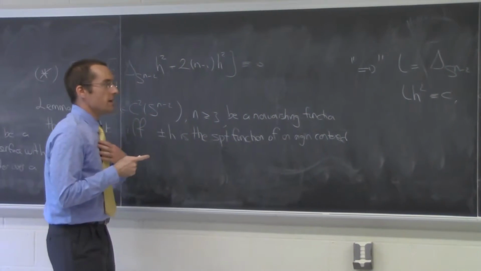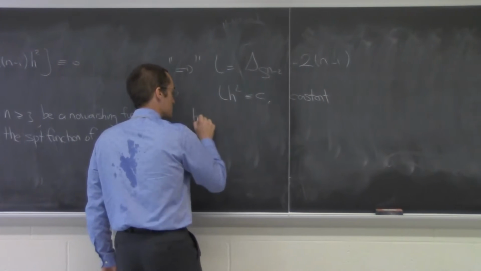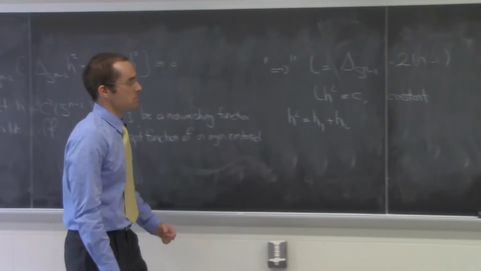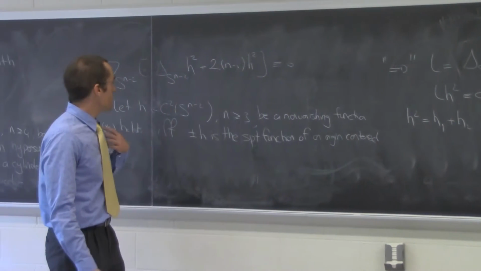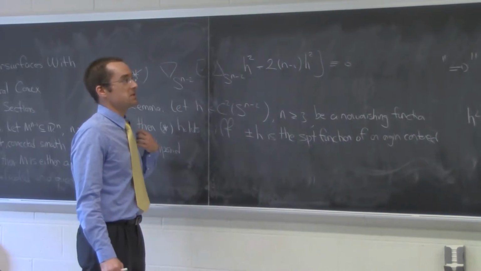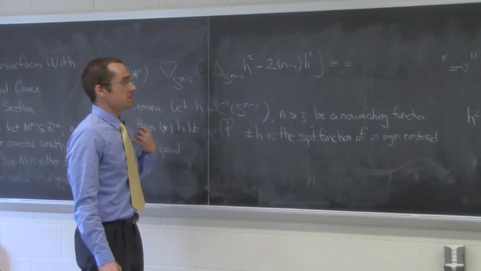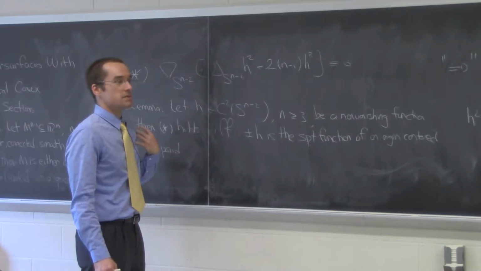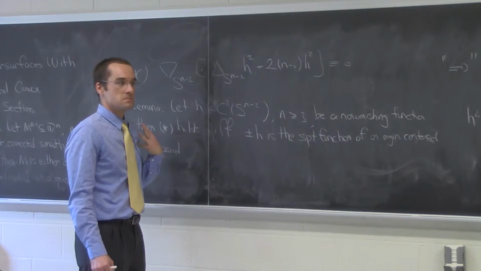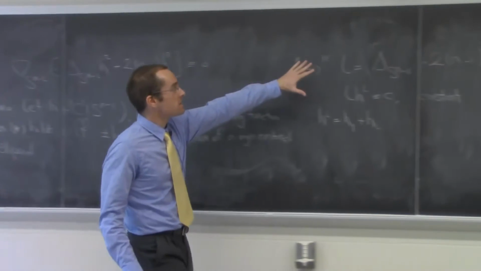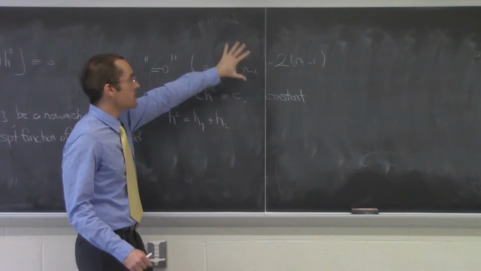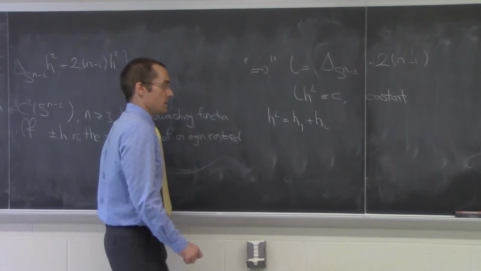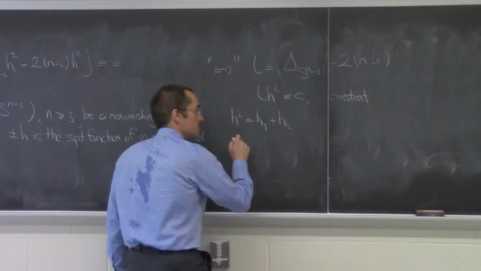But then h squared can be written as the sum of a particular solution h1 and a homogeneous solution, h2. For the particular solution, we choose the easiest one possible, which is going to be c over 2(n-1) times the sum of xi squares. That will make it constant on the sphere, so this part dies, and this just gives me L of h1 equals c. And h2 is the homogeneous one.